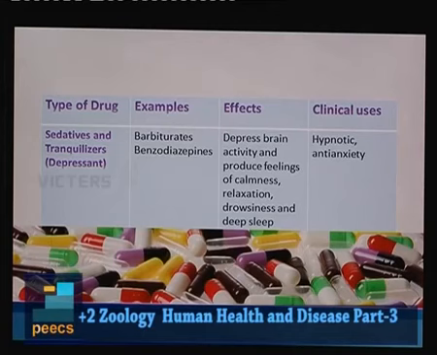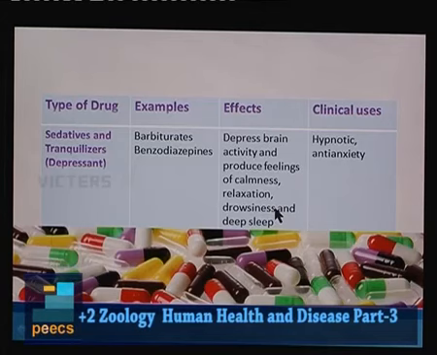Sedatives and tranquilizers usually have a depressant effect. Examples are barbiturates and benzodiazepines. The effect will be depression of the brain activity, and it will produce a feeling of calmness, relaxation, drowsiness and also deep sleep.